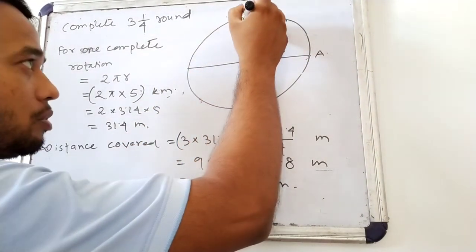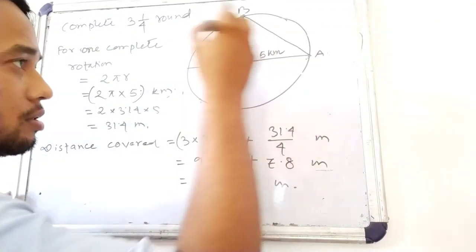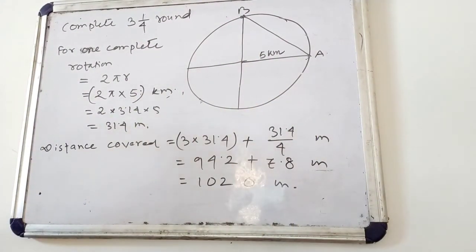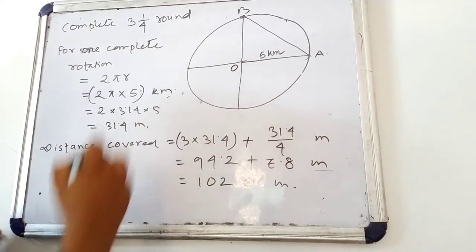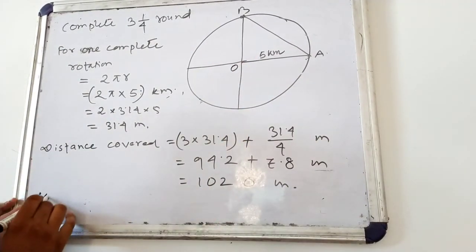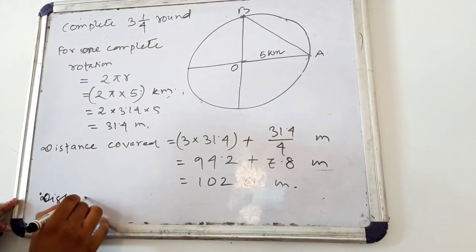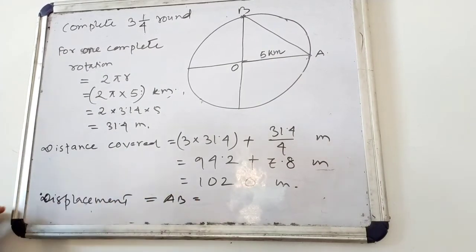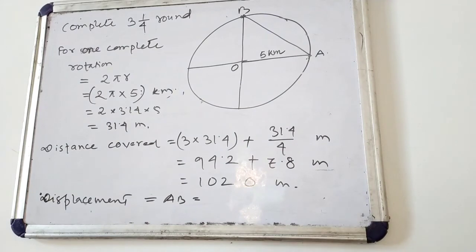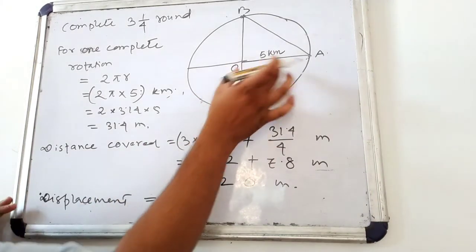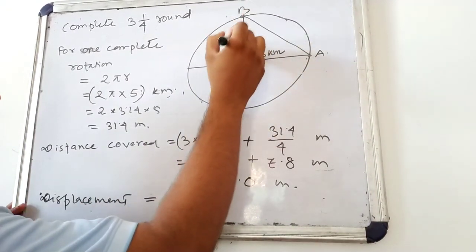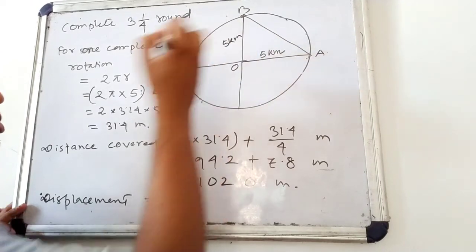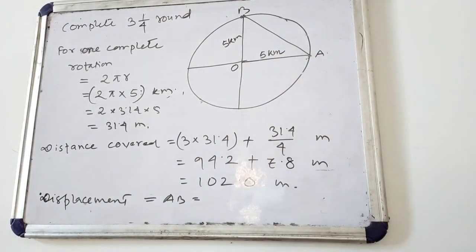Then the shortest path between A and B will be this distance AB. Suppose O is the center, so our displacement will be AB. So how can we calculate the value of AB? So OA is 5 kilometer, then OB will also be 5 kilometer because OB is also a radius.